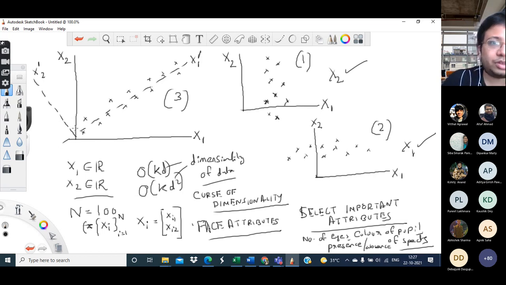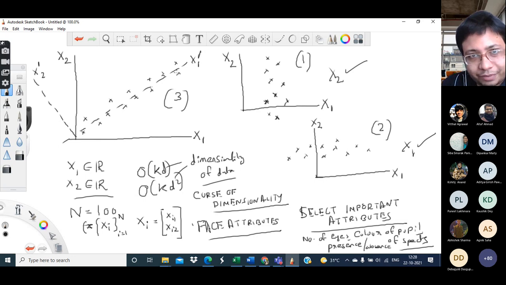Now you can understand that along the dimension of x2 prime there is hardly any variation, and all the variation seems to be along x1 prime, right? So if I project the data along a different dimension and find that the variance of data along that dimension is quite high, then I may choose that dimension, leaving out the other dimensions.